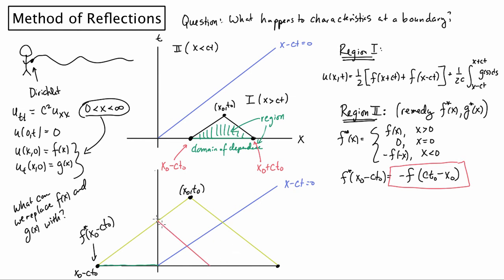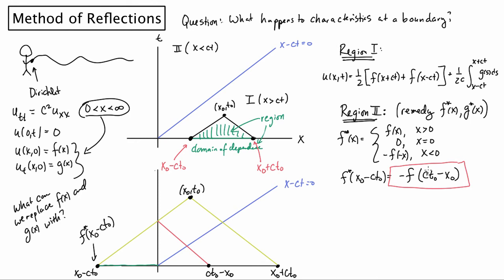So this red line is a characteristic line itself, and what we know here is this point over here was x naught plus ct naught. That point was fine because it's greater than 0. I can just use the value of f at that point. Here, we had to use the reflected value of f, and the reflected value of f is the value at ct naught minus x naught. So that ends up being the exact point that we needed, ct naught minus x naught.